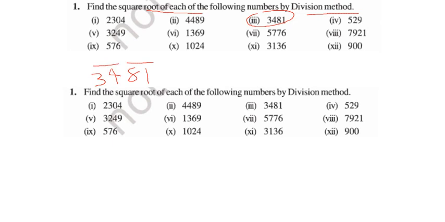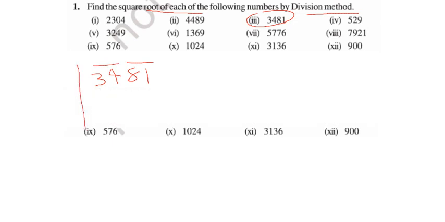Then by the division method, first you look at the left side pair and see what number you can use. It should be less than or equal to 34 and not more than 34.